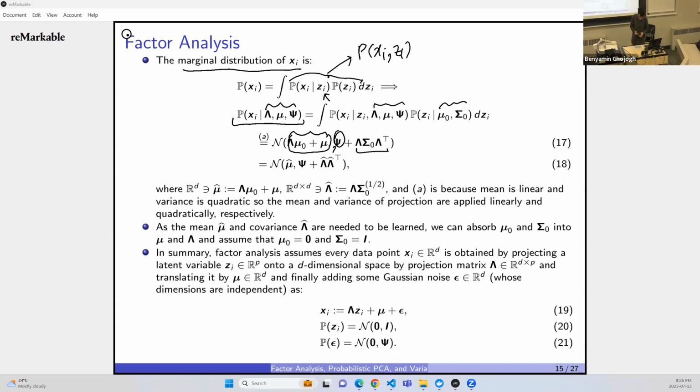Then I define this to be mu hat, which is d-dimensional. I also define half of this to be lambda hat. Why do I do that? Because I want to write this part as lambda hat transpose. Why am I allowed to write this as this? Because I know that sigma 0 is positive semi-definite.